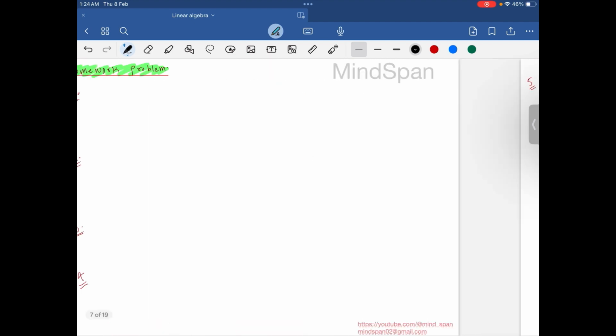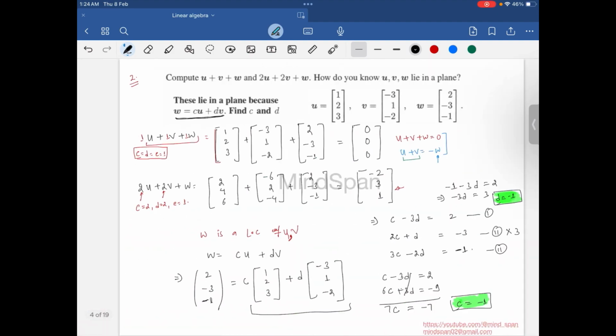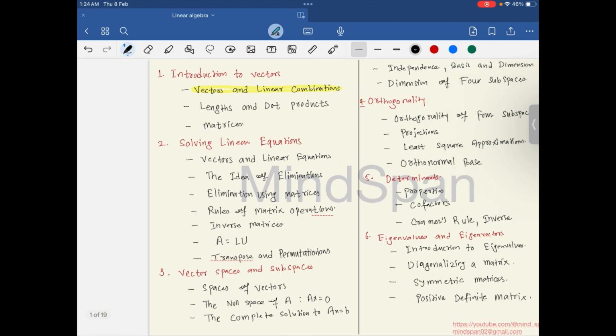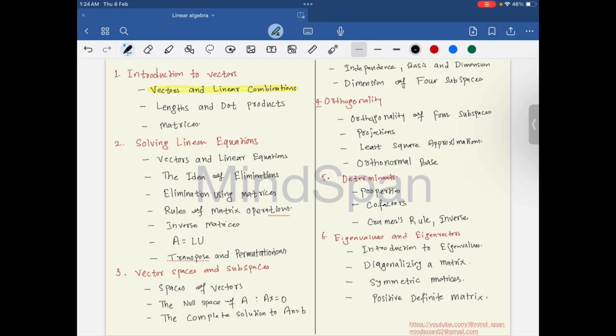Okay, now with this let me wrap up the first subtopic of our topic, that is introduction to vectors. So now we will wrap up this vector and linear combination.